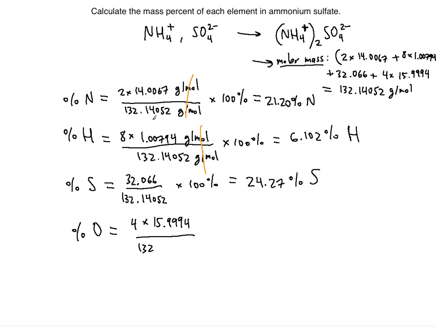That's why we always divide by the ammonium sulfate molar mass, right? So 132.14052 times 100%. That gives you, to 4 significant figures, 48.43% oxygen by mass.